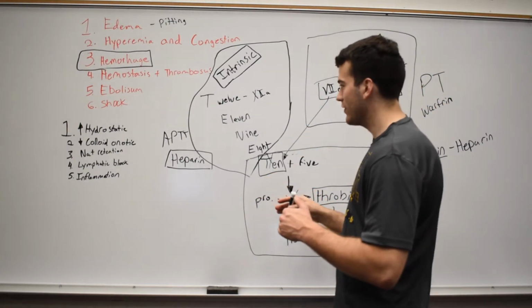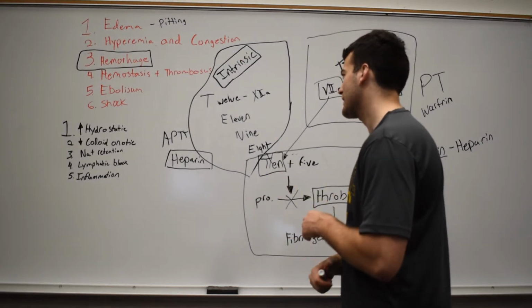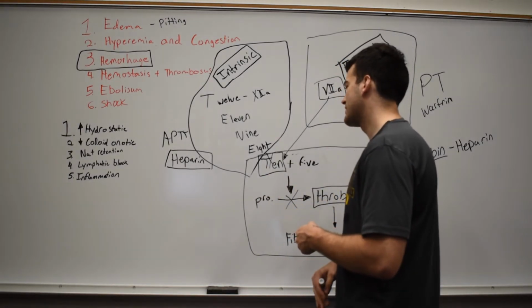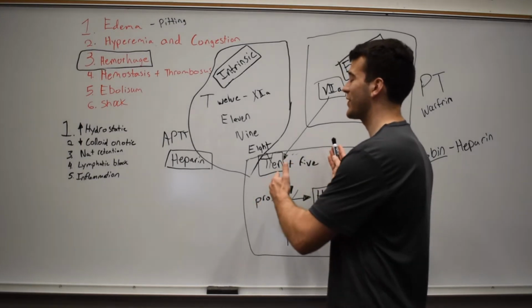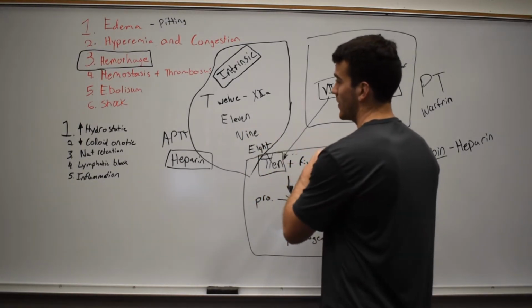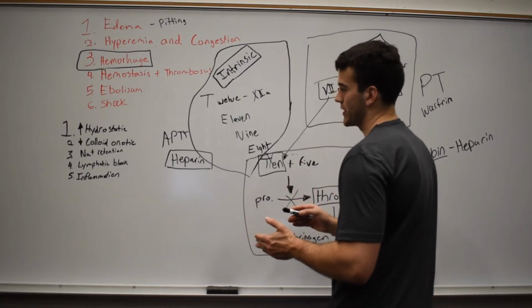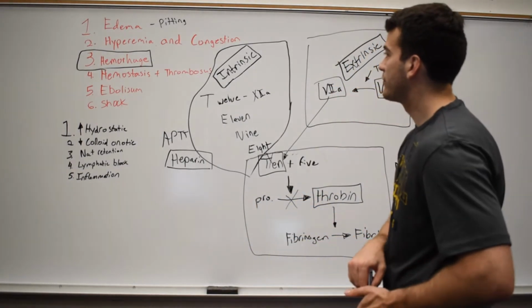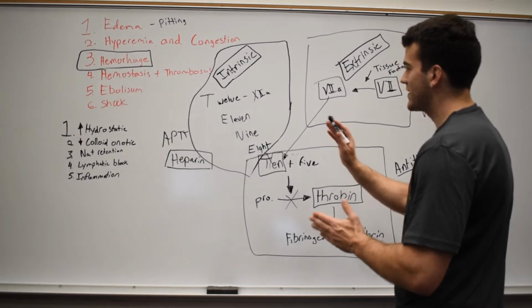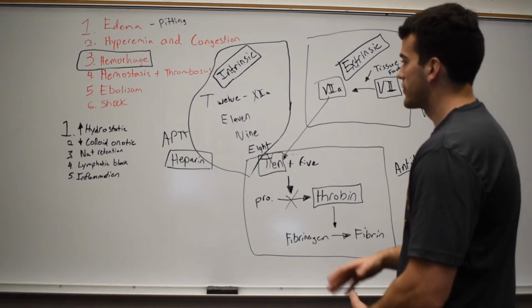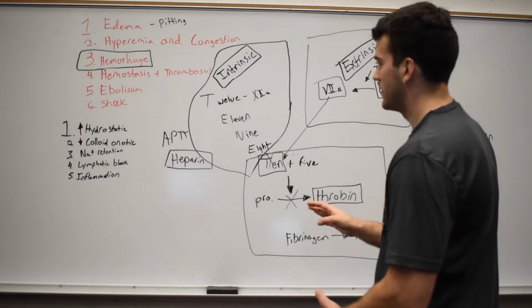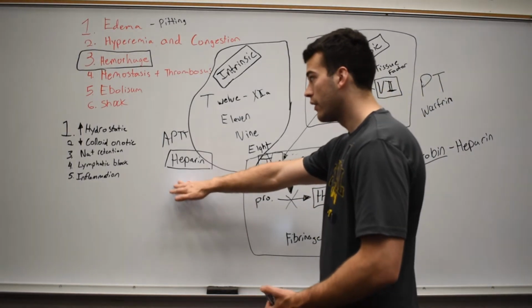So it's just a big, long, kind of convoluted cascade that allows us to form a clot. But there's specific reasons why we have each of these arms, and that's what I really hope to explain. When we have this pathway, the intrinsic pathway, there are certain drugs that act upon it, namely heparin.